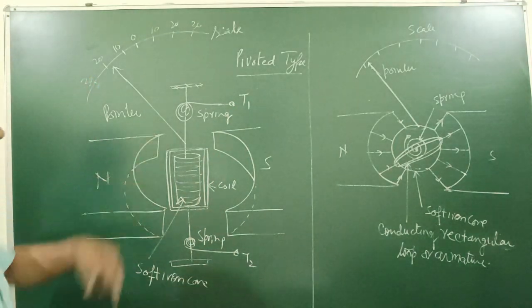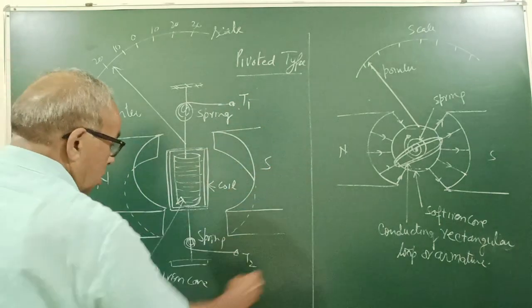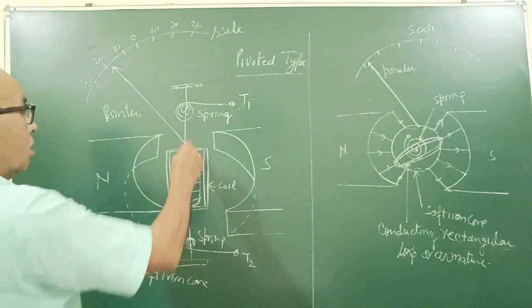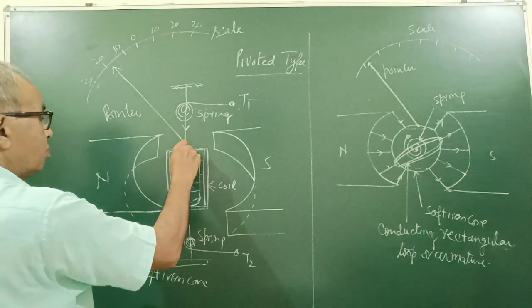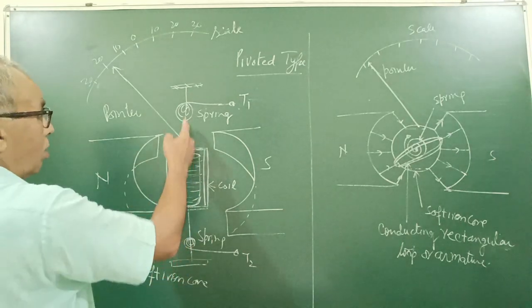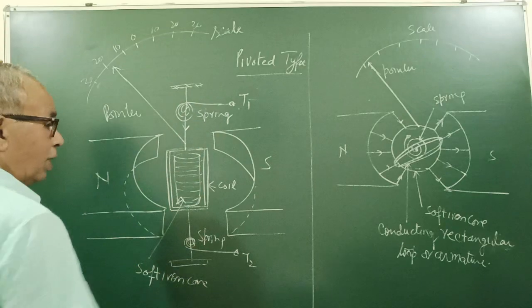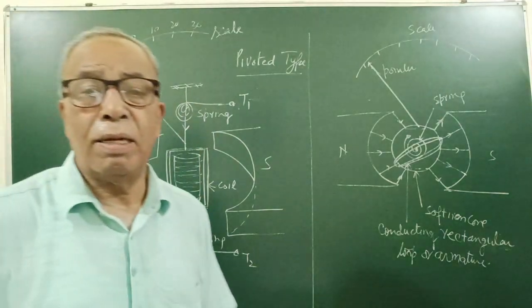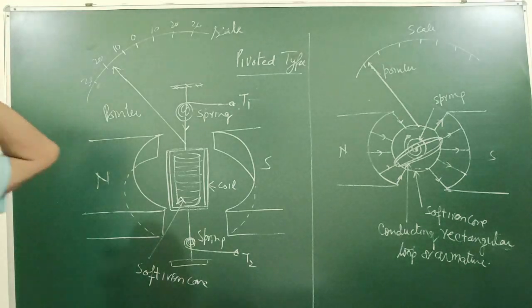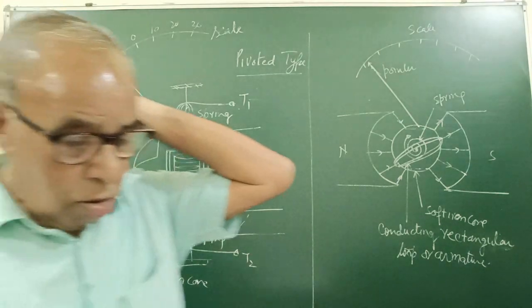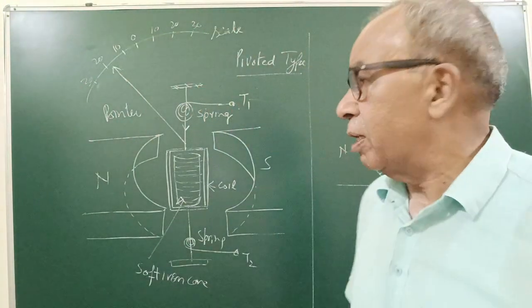When we pass current through this, connecting across a battery, the coil gets deflected. That coil produces a twist in these springs, which provides restoring torque, as explained in the last video on the galvanometer.